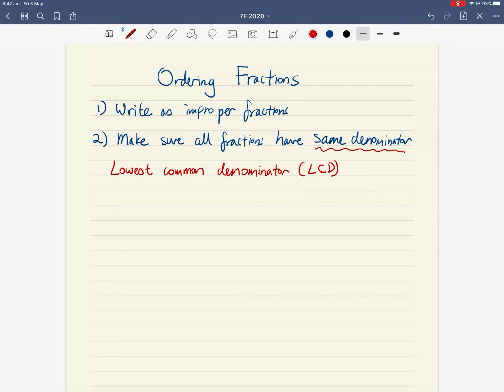You'll frequently hear textbooks and me talk about it as the LCD. So the lowest common denominator is the lowest common multiple of the denominators.